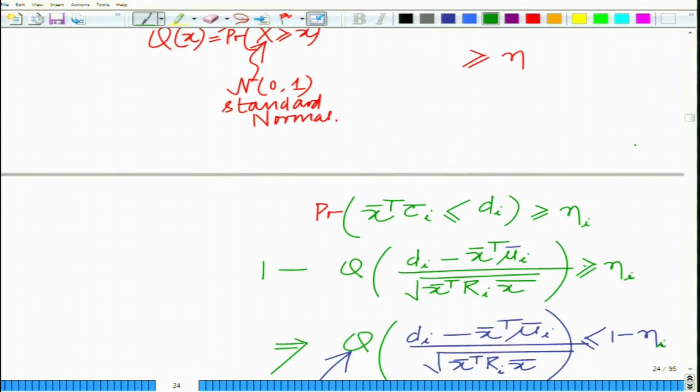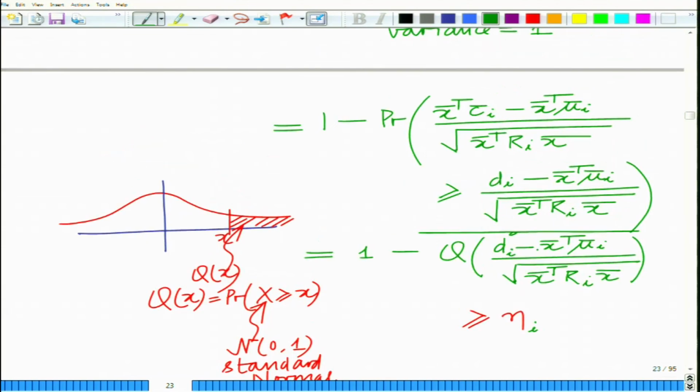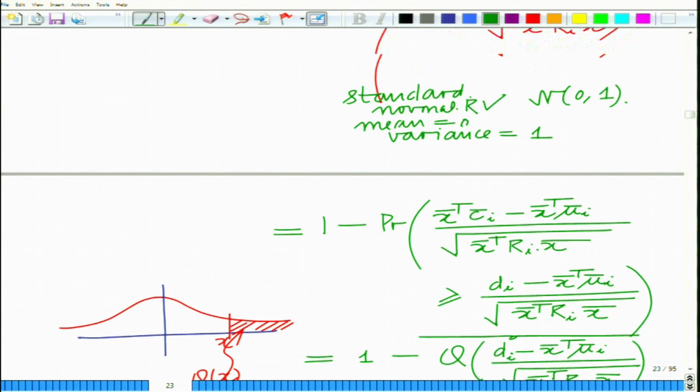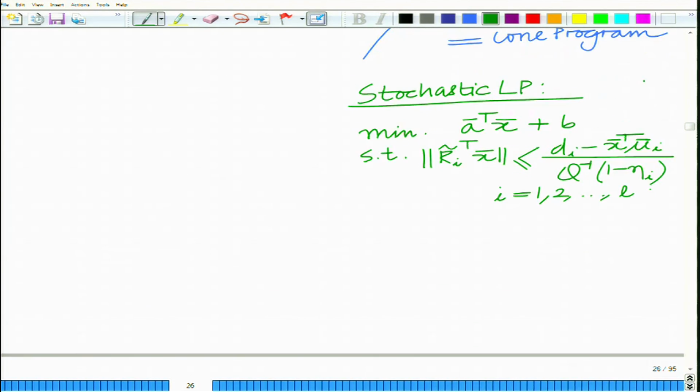You might want different reliabilities for different constraints. All right. So there you go. It is eta_i, and you can correct it everywhere to eta_i, and this has to hold for i equal to 1 up to L. So this is your linear program.